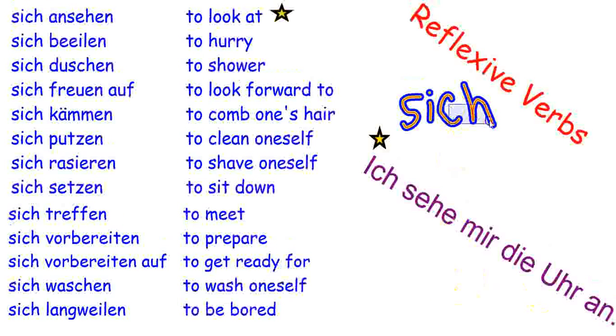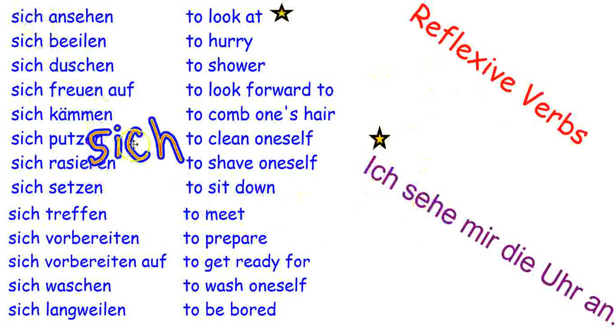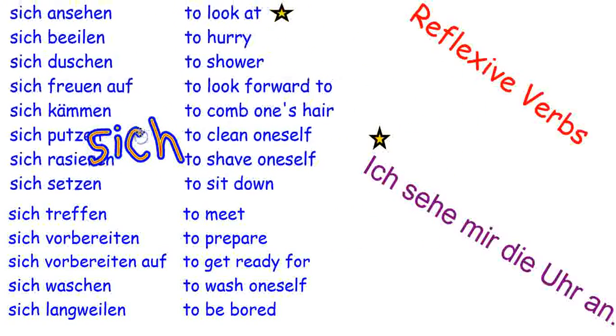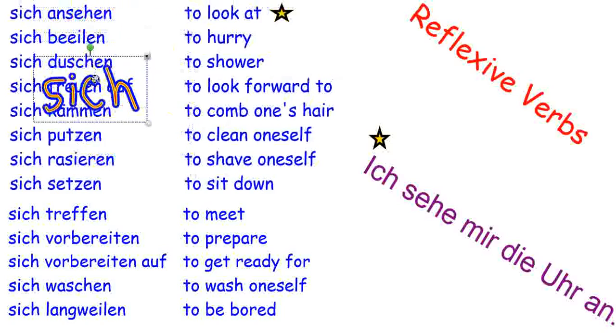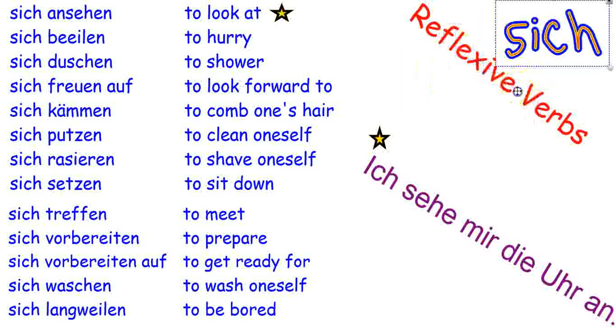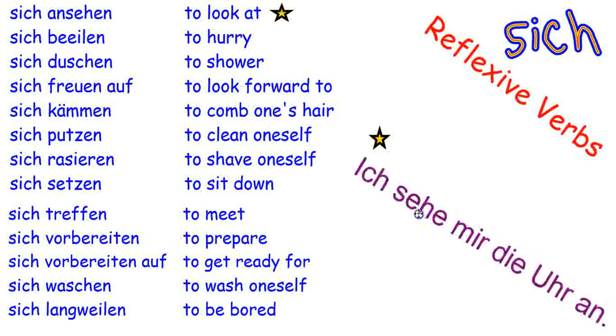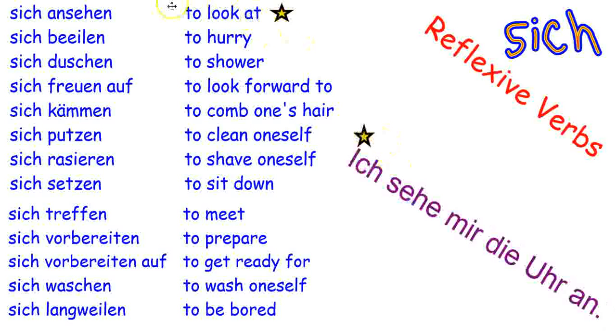So all of these have one element in common, and that's the fact that they all utilize sich. And because they all use sich, they are reflexive verbs. Therefore, they require a reflexive pronoun. So just putting one of these into practice, I chose the first one, sich ansehen.